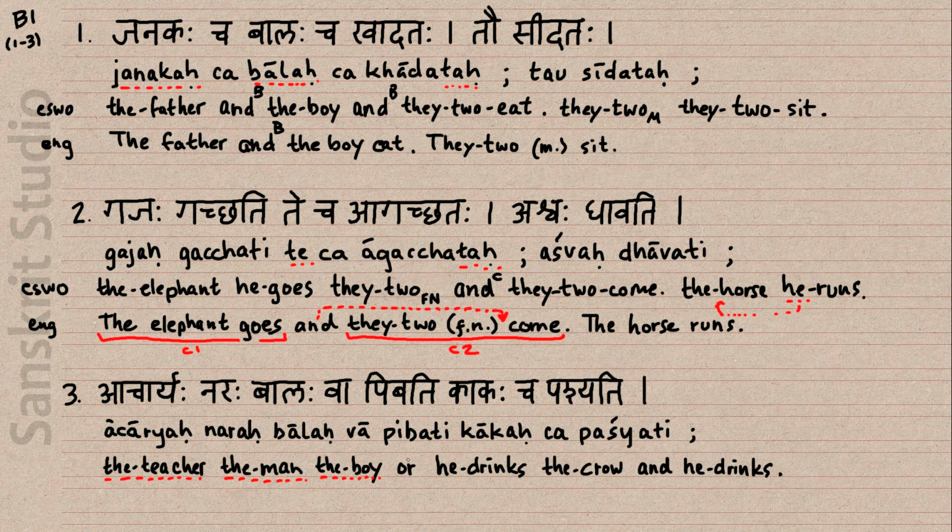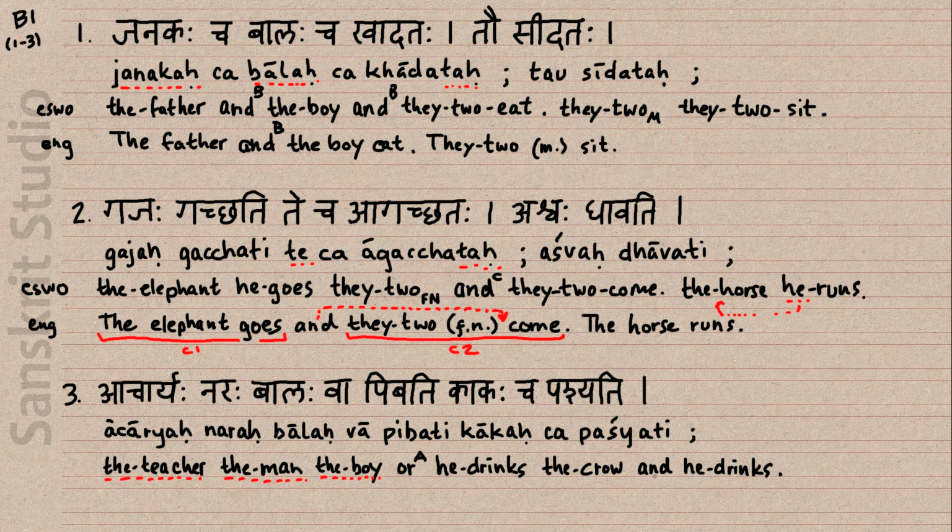But since we only have one or, one wa, it has to be syntax A here. And then we have another conjunction over here to the right, and that is and.